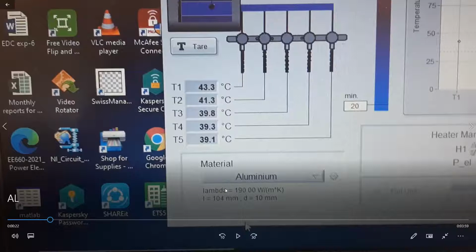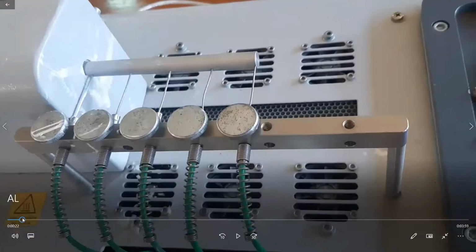That means higher resistance, because copper has the higher conductivity, about 300 or something, I think.